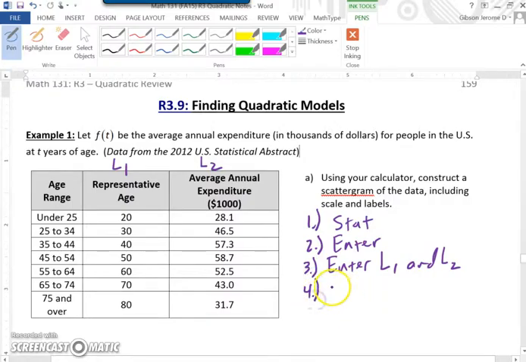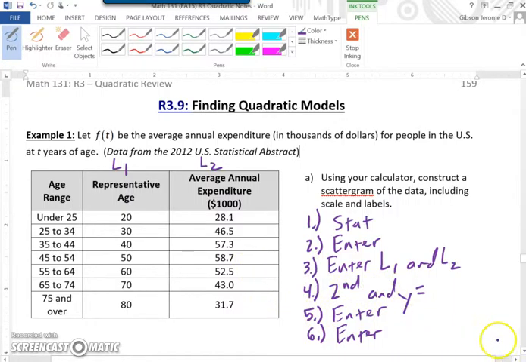Number four, you will press second and Y equal. Number five, you will press enter. Number six, you will press your arrow key until you get to the word on and press enter.